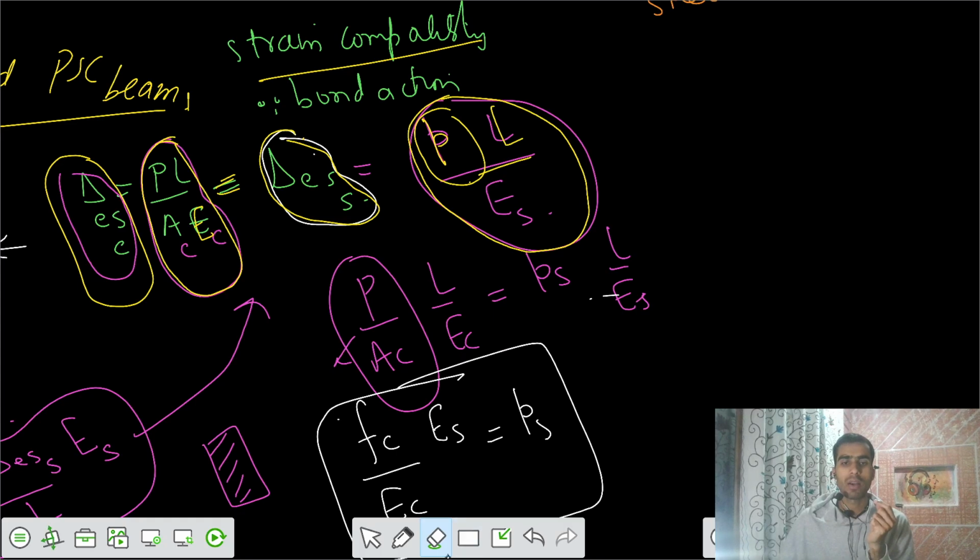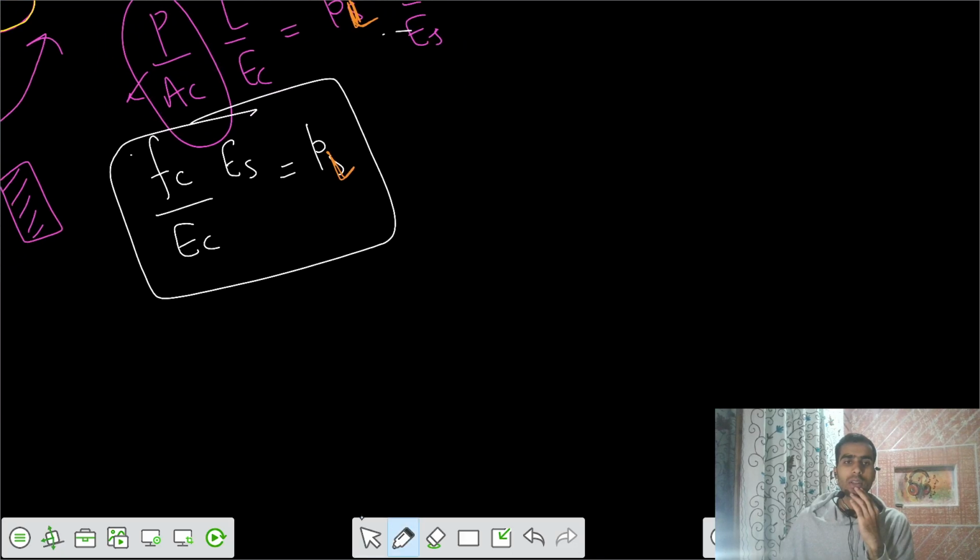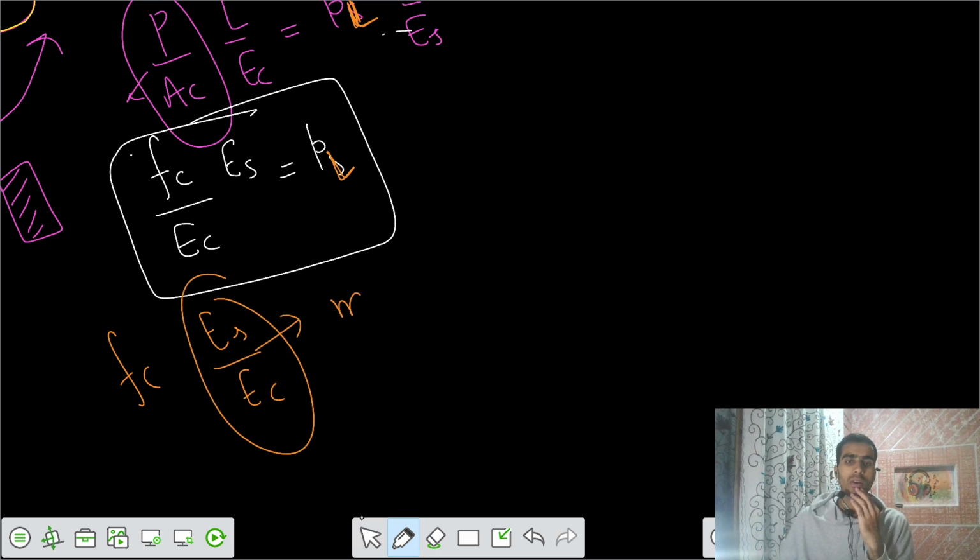So if I write this is the loss of the stress in the steel, PL, finally our equation becomes: the stress loss in the steel equals FC times ES by EC, where ES by EC is your modular ratio.